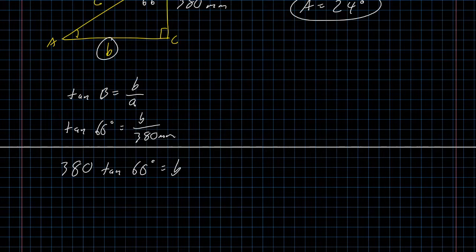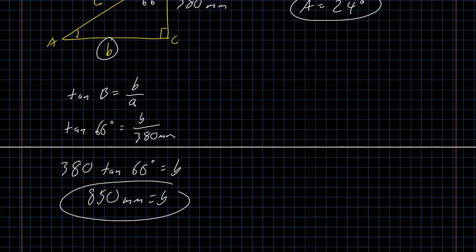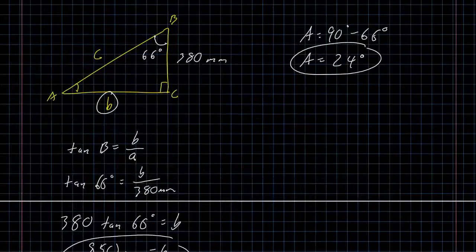I'm not going to put it on the screen. 380 times tangent of 66, my calculator tells me, is 853 and change. I've got stuff with two significant digits, so I'll round that to two significant digits and call it 850 millimeters. Then the last thing that I need to do is figure out side C.